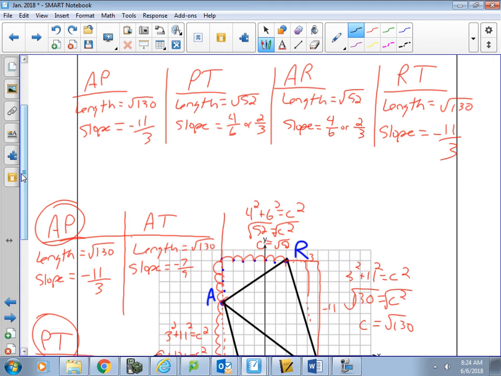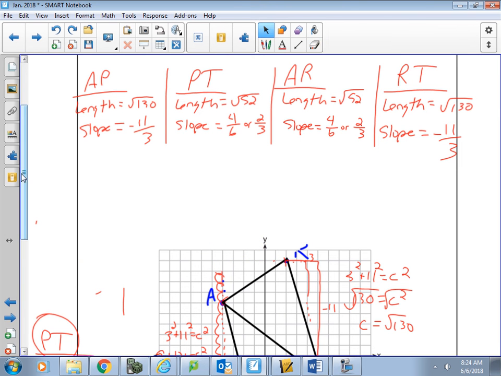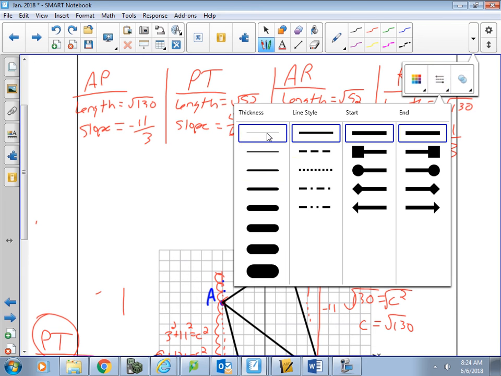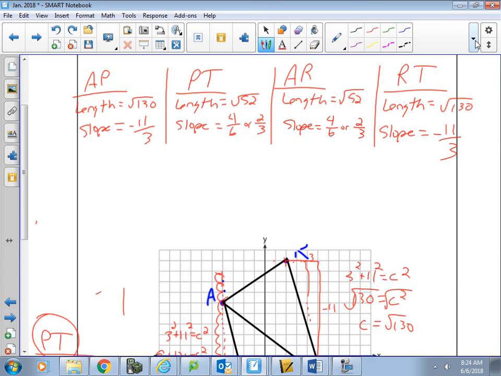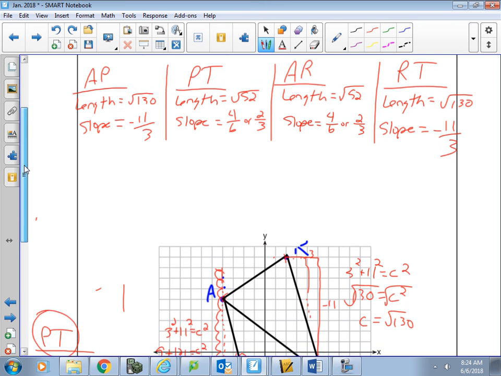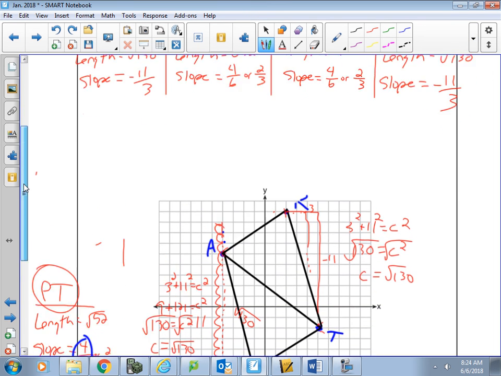All right, so I'm going to have to erase some of this stuff now. You're going to have to find room somewhere. All right, so what do we need to say to prove it's a parallelogram? There are a number of things we could do, but I would say we have AP. Let's just look at AP and RT, right?